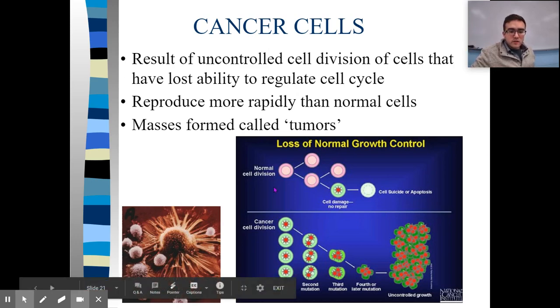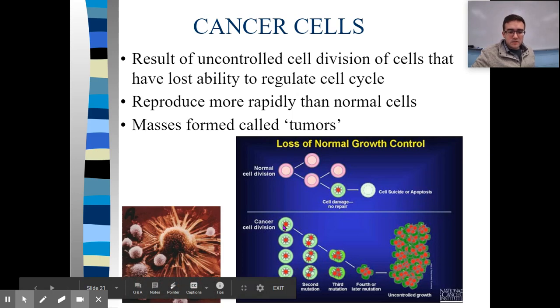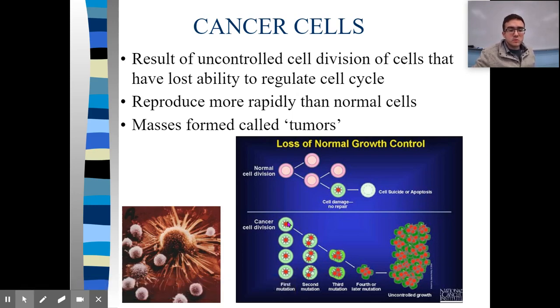Typically, in normal cell division, normal cells grow and divide, grow and divide. If a cell is damaged, it will go through cell suicide, or apoptosis. In cancer cells, though, a mutation causes the cells to lose the ability to regulate the cell cycle.